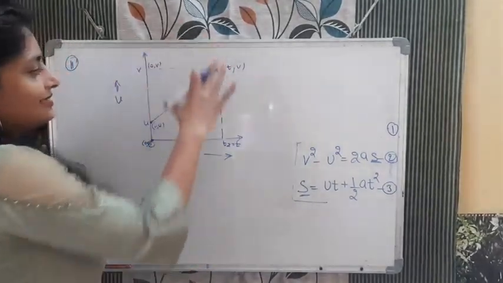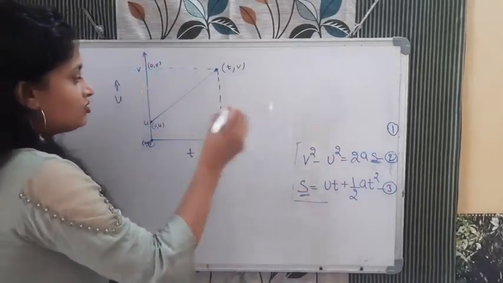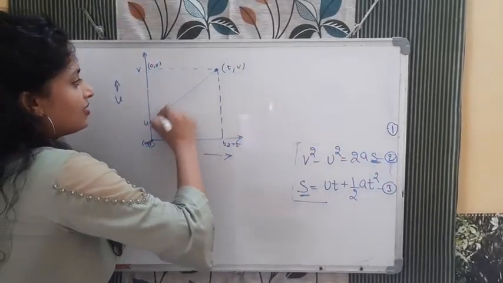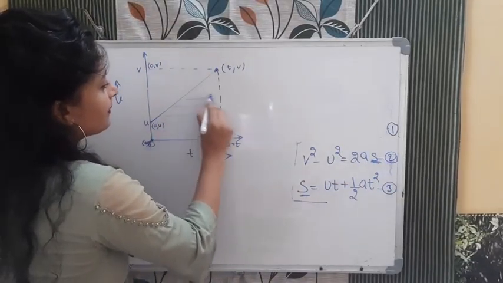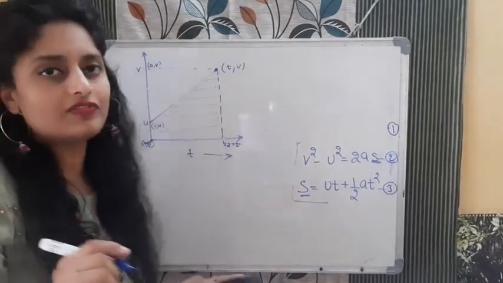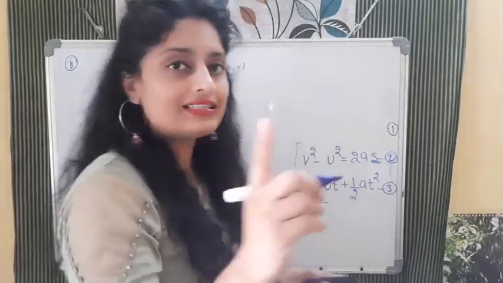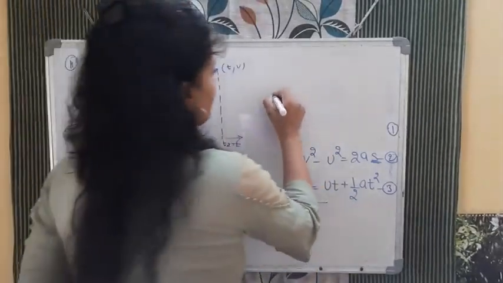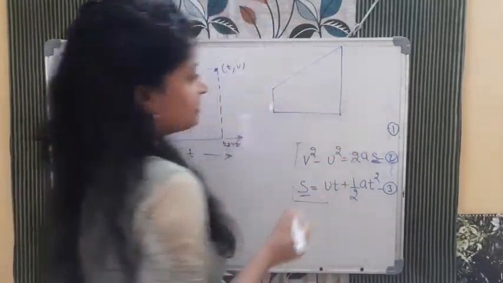So like this the graph is there. We need to calculate distance, and for the distance we need to calculate the area under the curve. Now this is the curve and this is the area under this curve. This complete area we need to calculate. So how will we calculate? Now we have two methods. This diagram is looking like what? A trapezium.